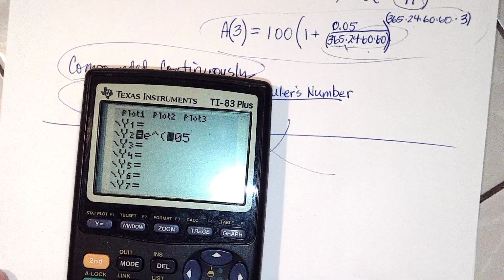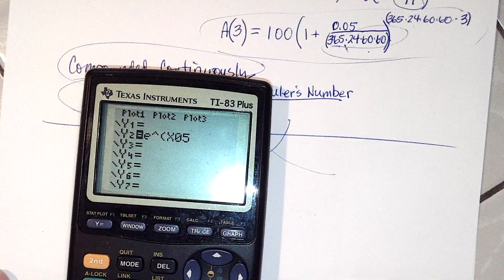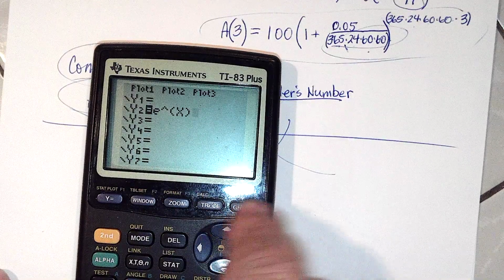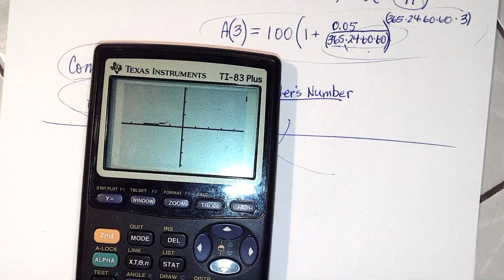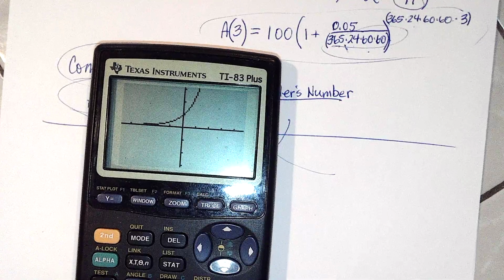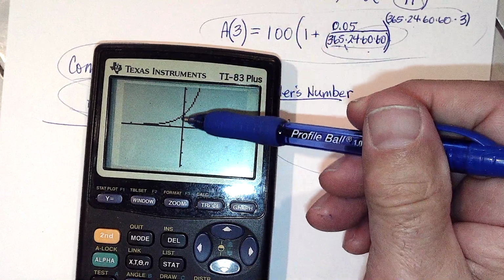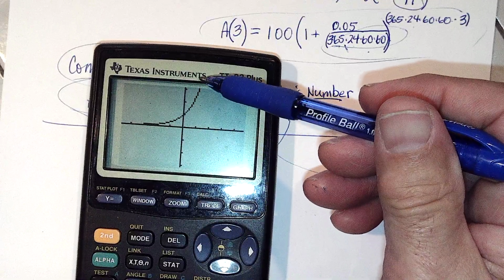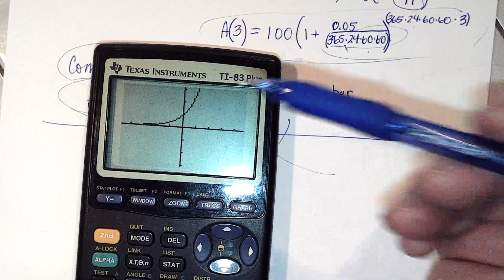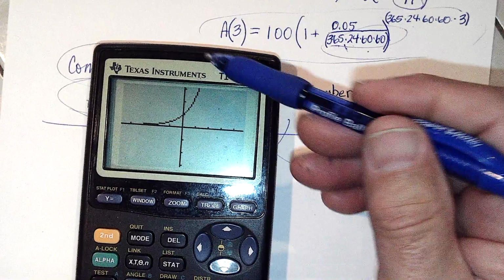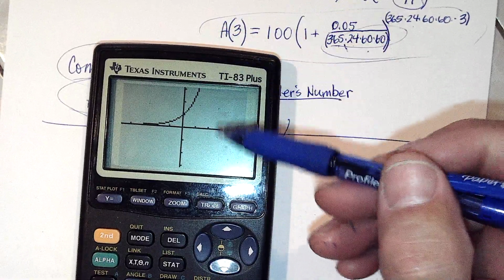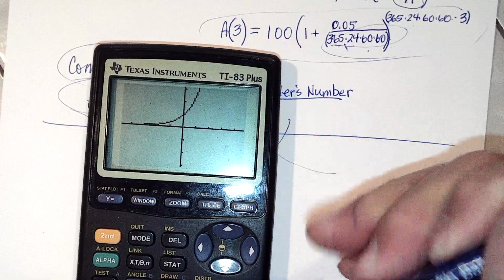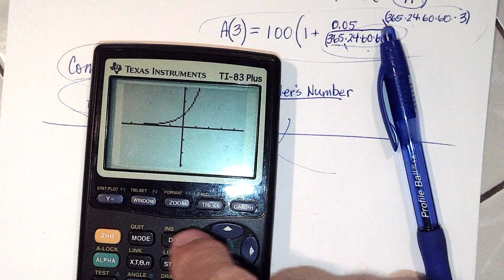Let's just do e to the x. And e to the 0 is 1. e to the 1 is 2.71828, whatever. And e to the 2 would be that number squared. What is special about this graph and what is special about e? I'm going to zoom out.